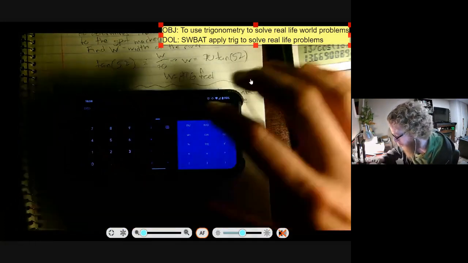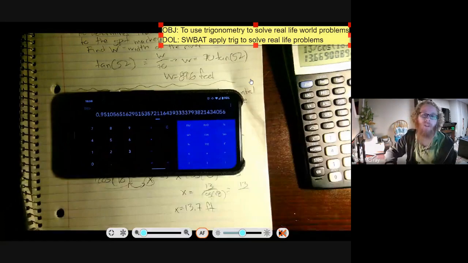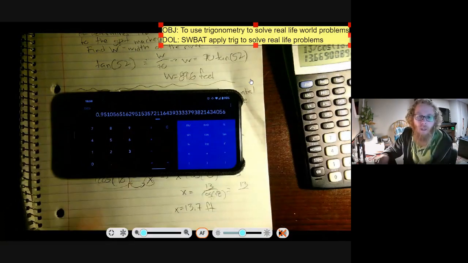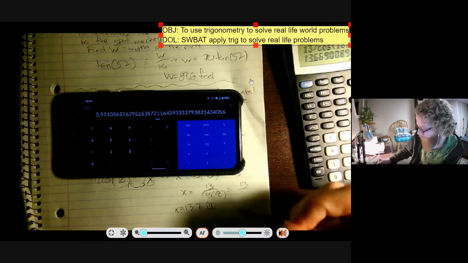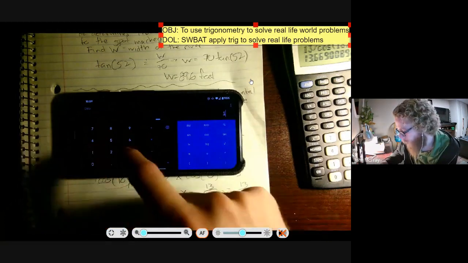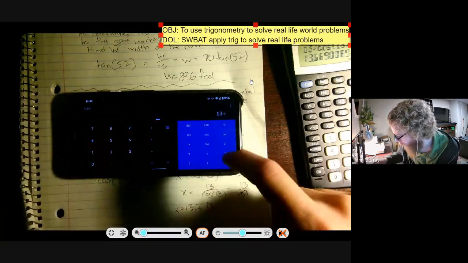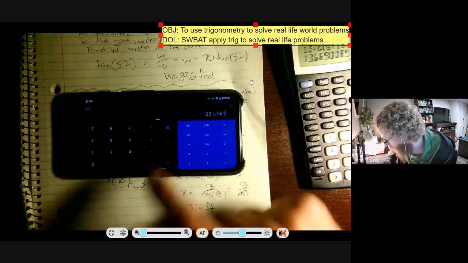So you take the cosine of 18. Here we get a really long decimal. I'm going to say 0.951. Then I'm going to do the 13 divided by 0.951.